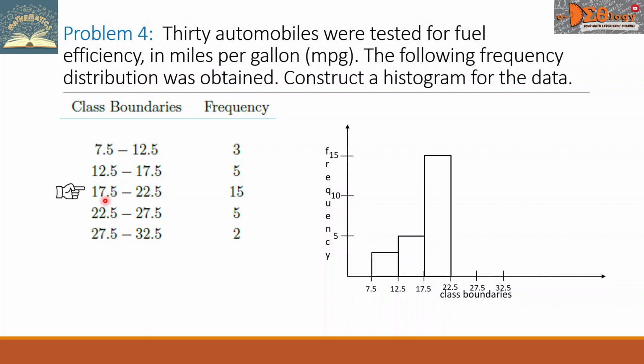Next group, from 17.5 to 22.5. The frequency is 15. So the height of the bar here is 15. Next group, 22.5 to 27.5. The height is 5. Next group, 27.5 to 32.5. The height is 2. So here it is.